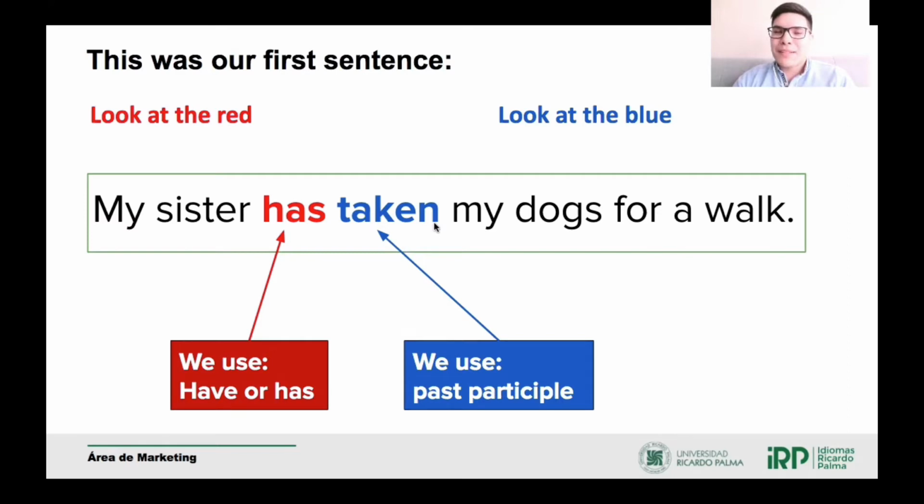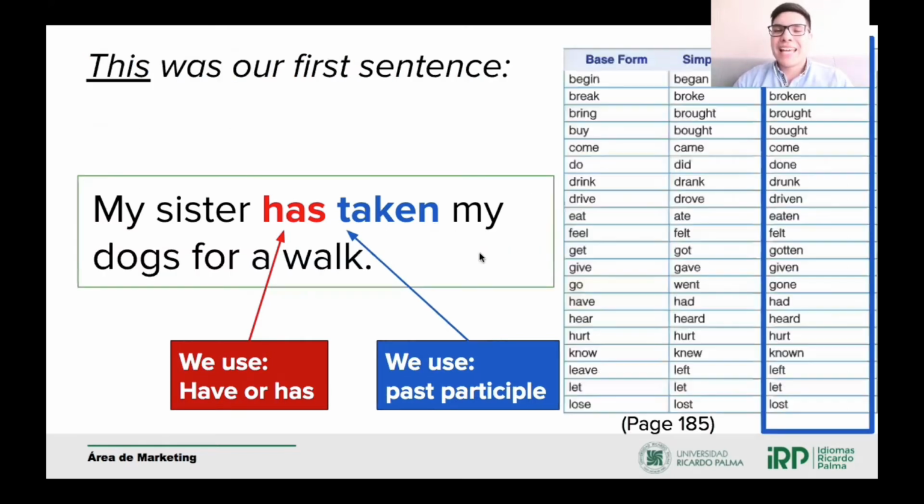If you don't remember, or maybe you have seen the word taken in this list, look at this. This is the irregular verb list. You can find it on page 185. So turn to page 185 and you will see the three columns.